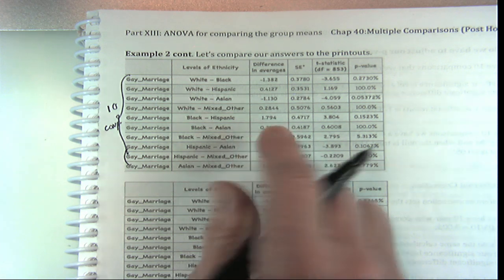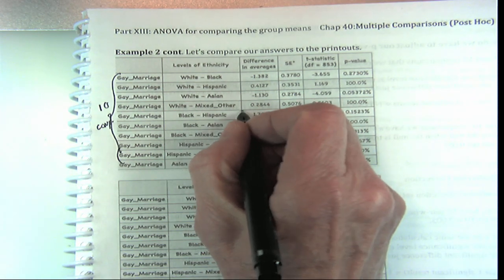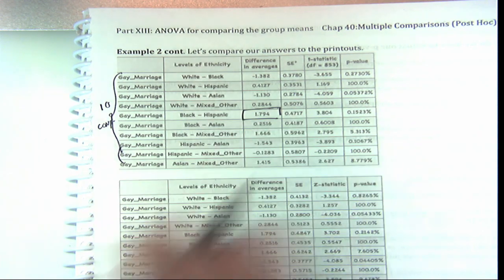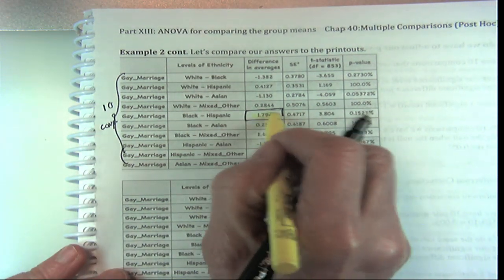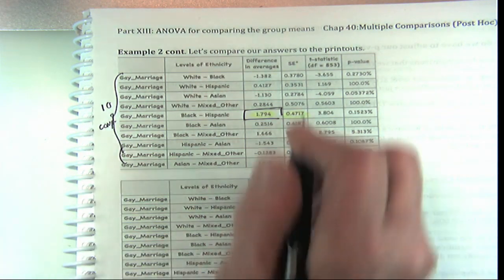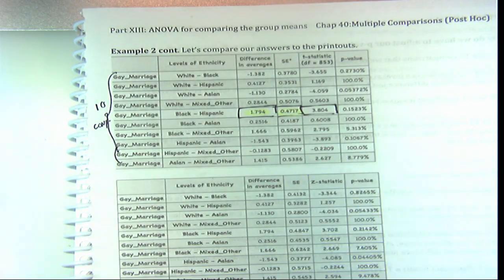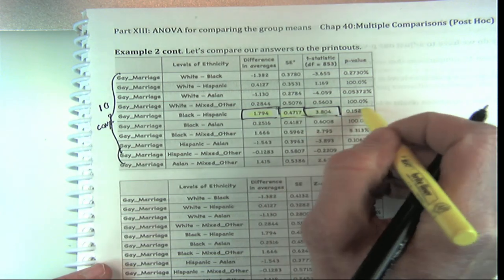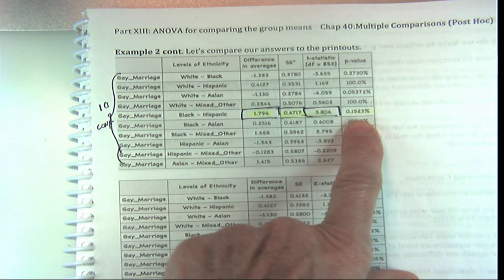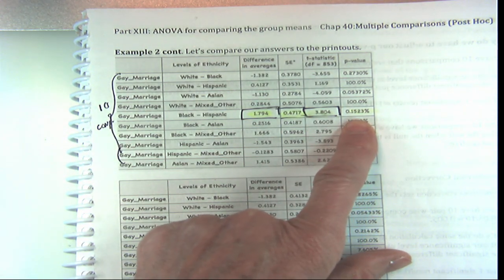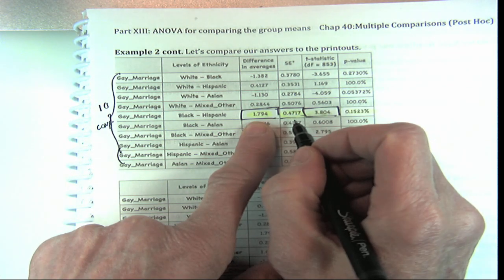Didn't we get that right here? This is the difference in averages. That was our numerator. This was our standard error. We just computed that. We divided the two and we got this. But why is our p-value 10 times bigger here? This is just what we got, remember?